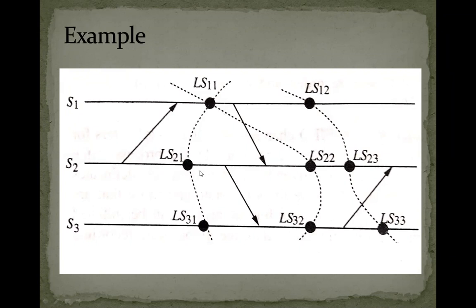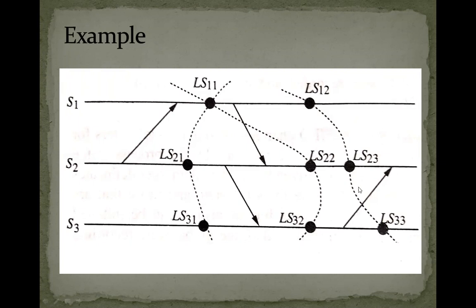So at this moment, the global state, a combination of LS11, LS21, and LS31, is consistent, because the message which has been sent has been received and recorded. This is recorded and available here, this is received and available here, and there is no message, so its state is empty. So in this stage, you can say the global state is consistent.